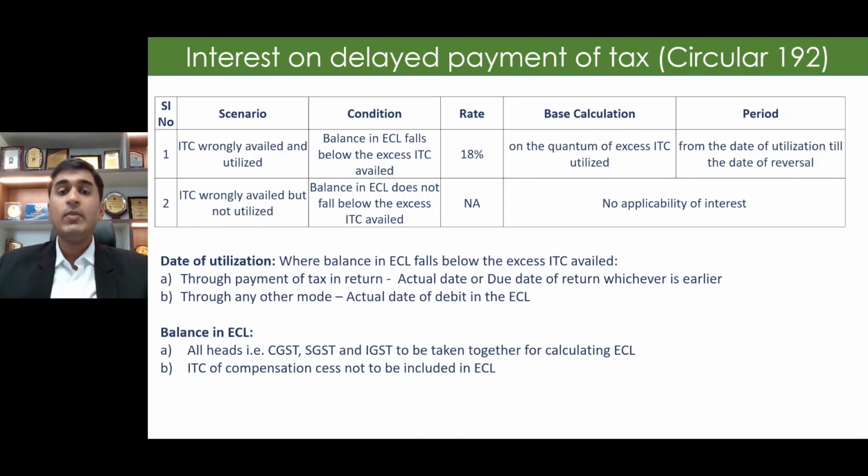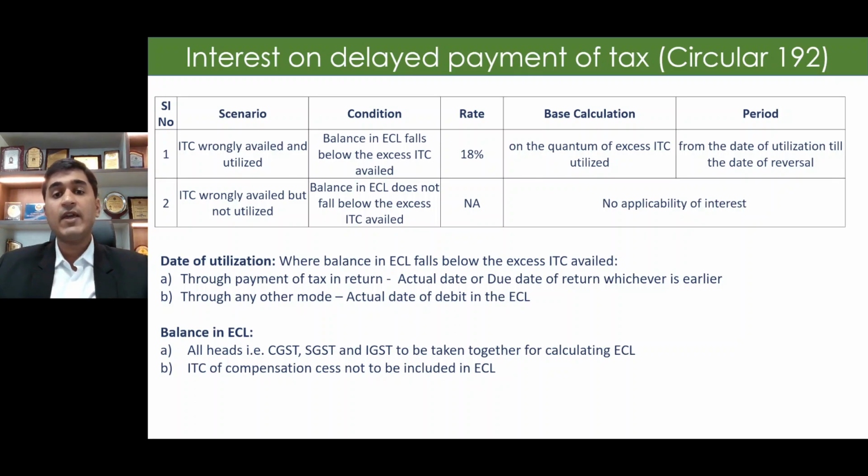So if I am required to make a reversal of 50,000 rupees, should I take the balance of all three heads together and see 1 lakh rupees as my balance for determining if my balance has fallen below the threshold? Or should I see the individual ledger head balance, which is 40,000 rupees of IGST?